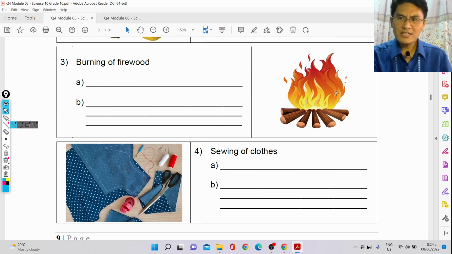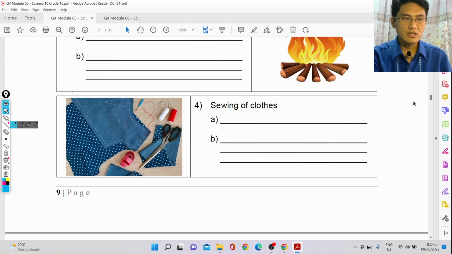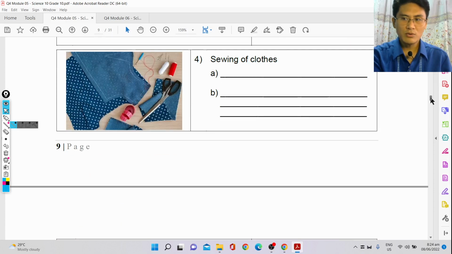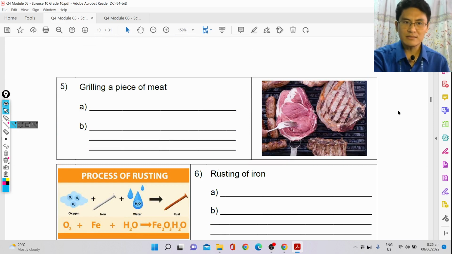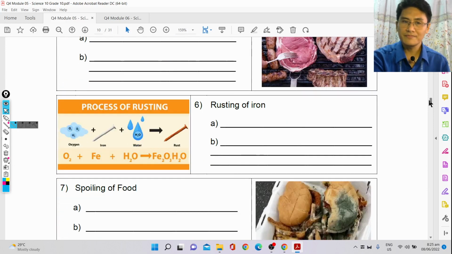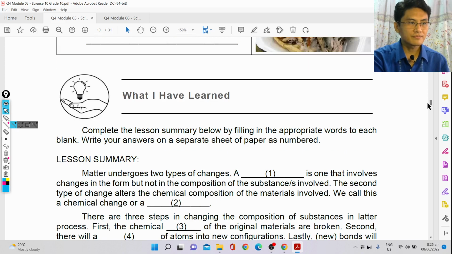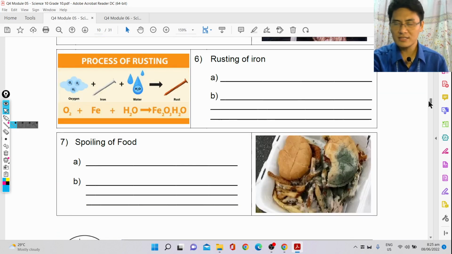This time you will answer on your own. Burning of fire, is that a physical or chemical change? Sewing of clothes. So when you have pieces of textile and then you sew it into a piece of clothing material, is that a physical or chemical change? Grilling of a piece of meat, rusting of iron, right? When iron rusts, and spoiling of food. So you have to know what these things are.